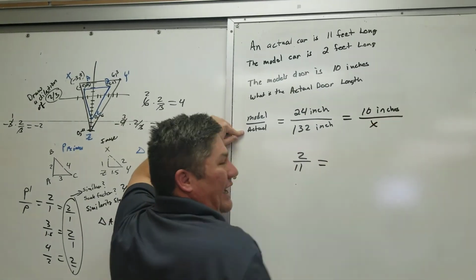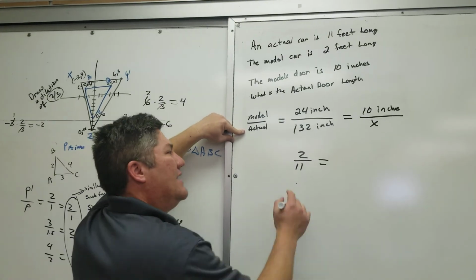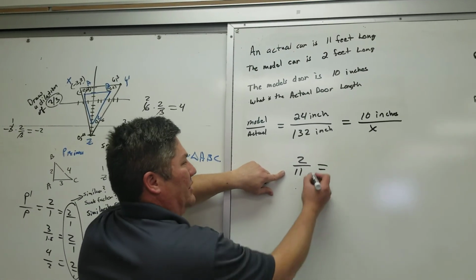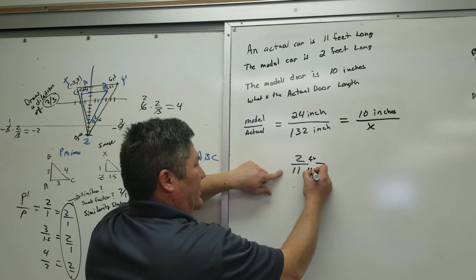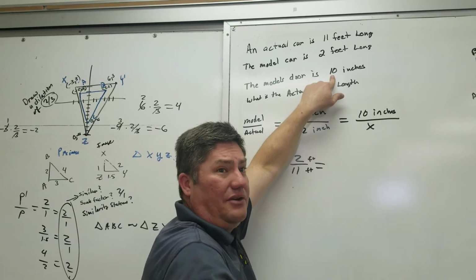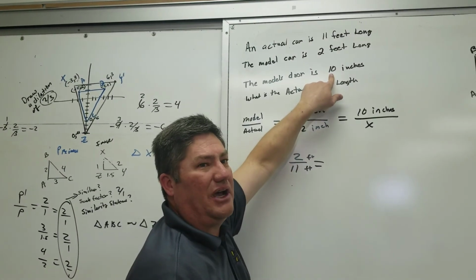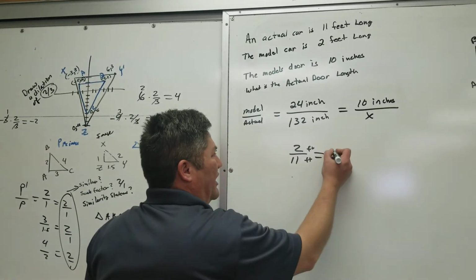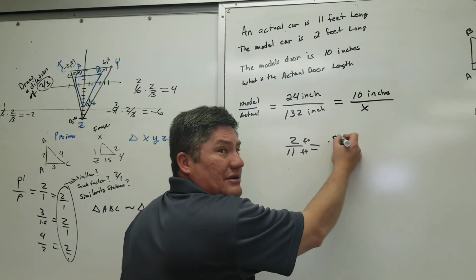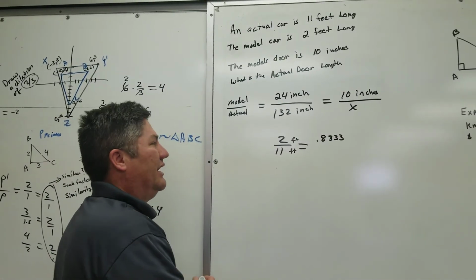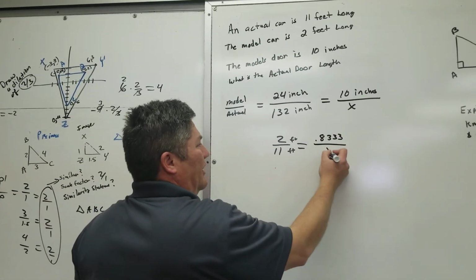I'm just going to put an X there. Now notice what I would do if I was going to use feet. This is in feet, this is in feet. I'd have to change the inches to feet. I'd have to do on a calculator 10 divided by 12. 0.83 repeating. So I'm going to do like 3 of those just to make sure I get enough as I do it. Over X.